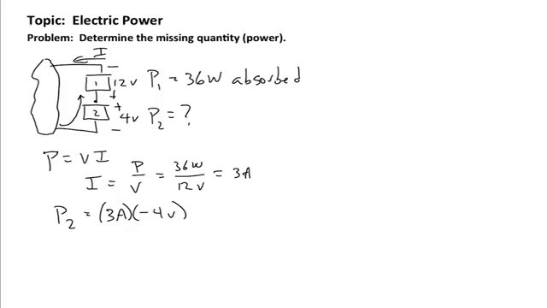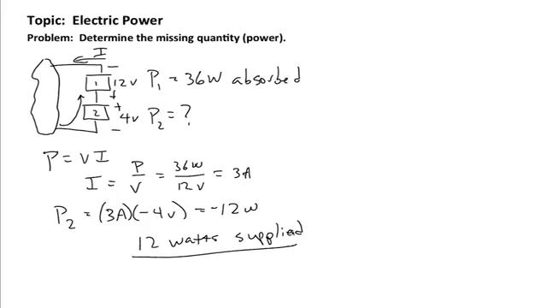So the negative side of the 4 volt voltage drop across element 2 gives us the minus sign in front of the 4 volts. And so we end up in this case with minus 12 watts of power. And that means that we have 12 watts of supplied power from element 2.